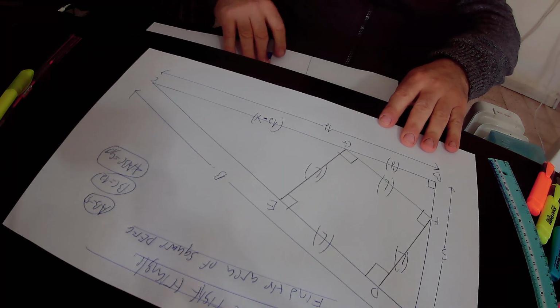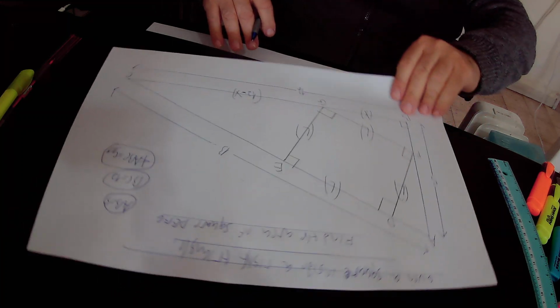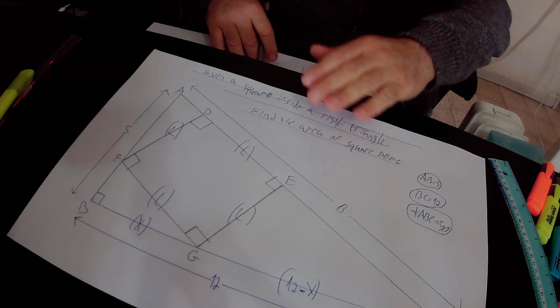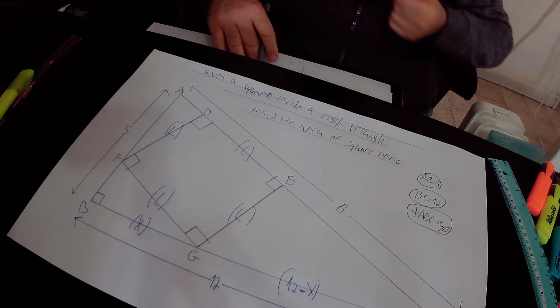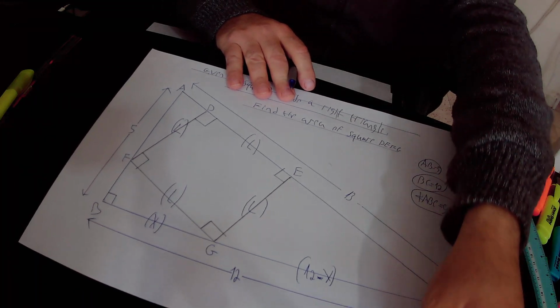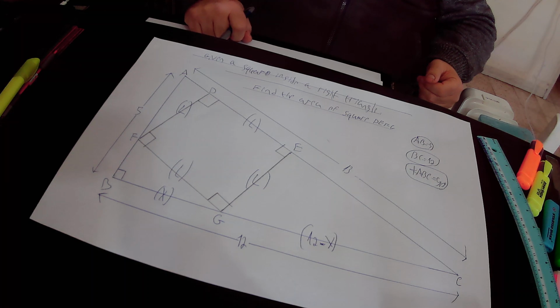We can implement in our drawing the rule that states that the sum of the angles on one side of a straight line is equal to 180 degrees.